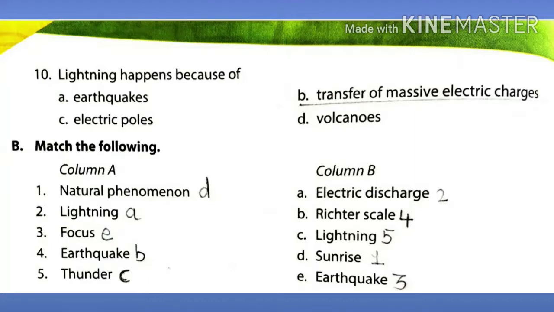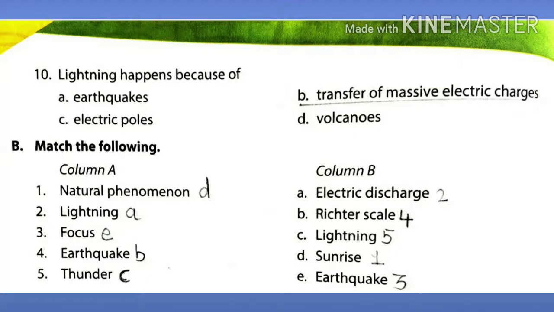Now we'll be discussing match the following. The first is natural phenomena. Answer is D option, sunrise. Second, lightning. Answer is option number A, electric discharge. Third, focus. Answer is option number E, earthquake.